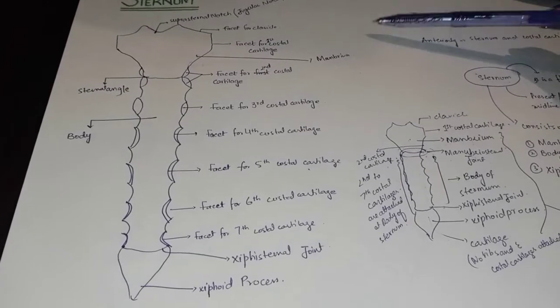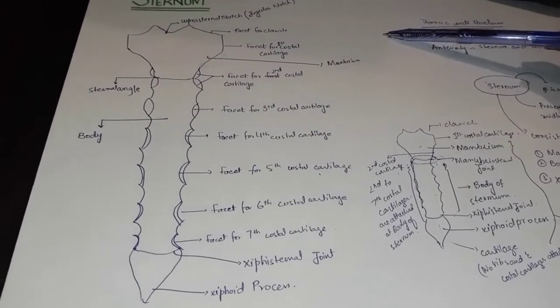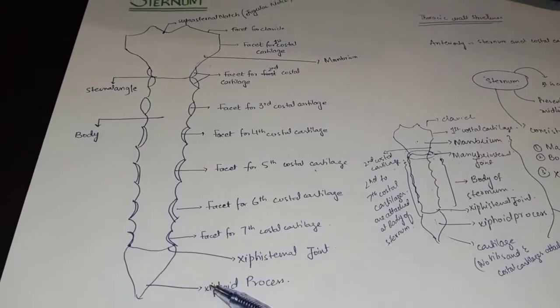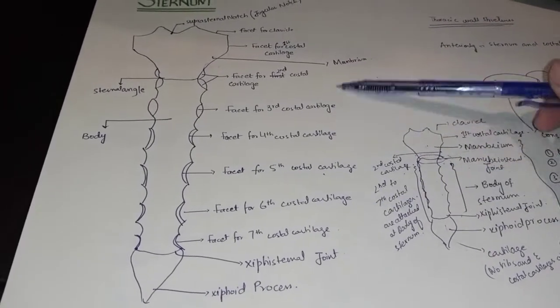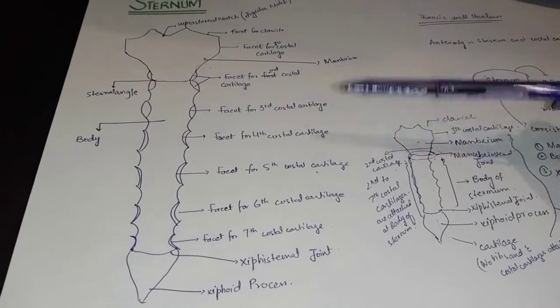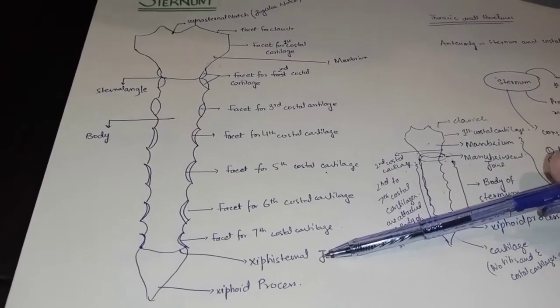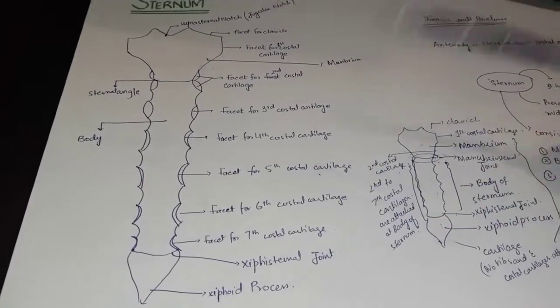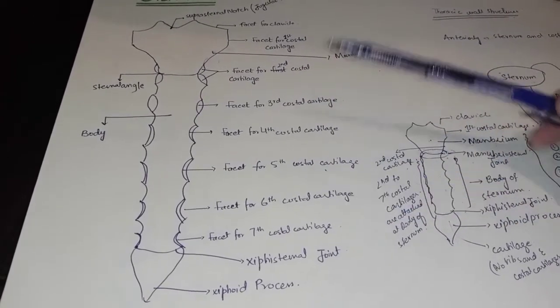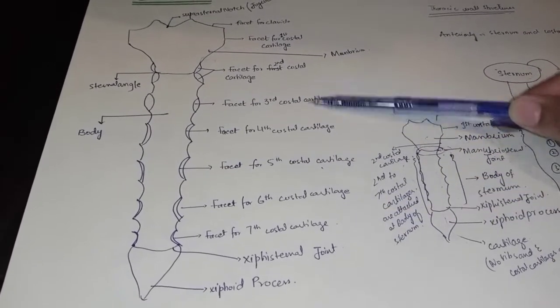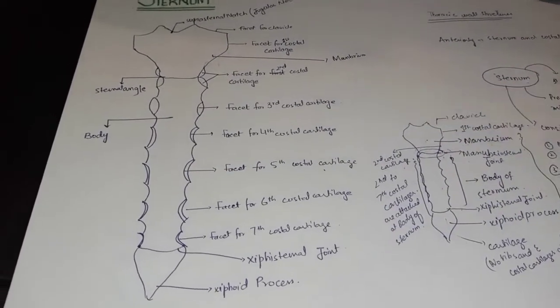At the level of the manubrium, the clavicle and first costal cartilages are attached, and at the xiphoid process there is no attachment for ribs and costal cartilages. At the level of the body of the sternum, six costal cartilages are attached, from the second till the seventh: 1, 2, 3, 4, 5, 6.